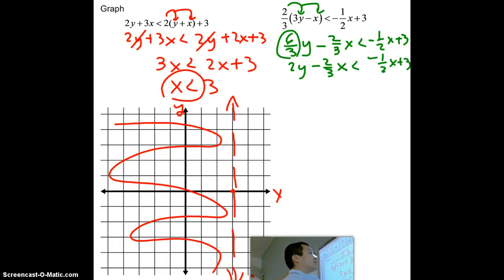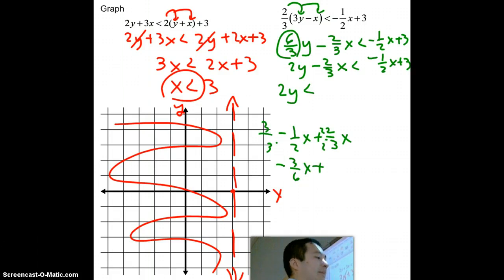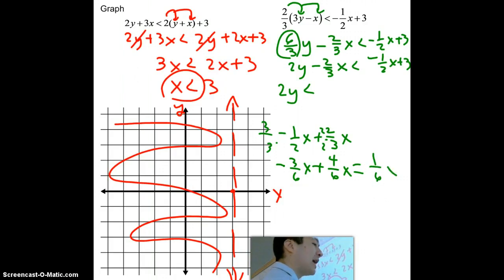Add 2/3 x to both sides. 2y is less than, and I'm going to do this on the side, negative 1/2 x plus 2/3 x. Common denominator is 6, so negative 3 over 6 x plus 4 over 6 x. Negative 3 plus 4 is positive 1 over 6 x.